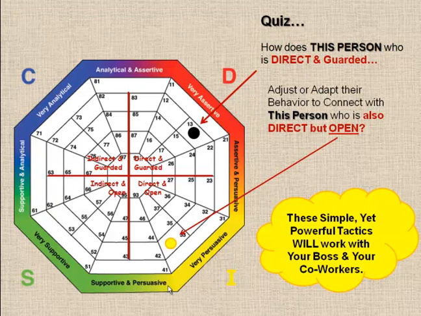You've got these two people working together, and they both understand that, okay, I plot here, and only 18% of the world communicates the way I do. I plot down here, only 29% of the world communicates like I do.